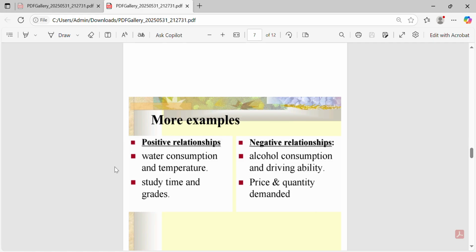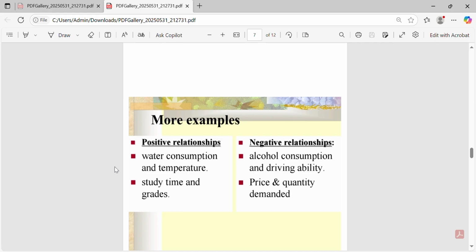More examples are given related to correlation. The first is positive relationship and the second is negative relationship. In a positive relationship, examples are water consumption and temperature. In the summer season, water consumption increases and temperature also increases. Another is study time and grades.